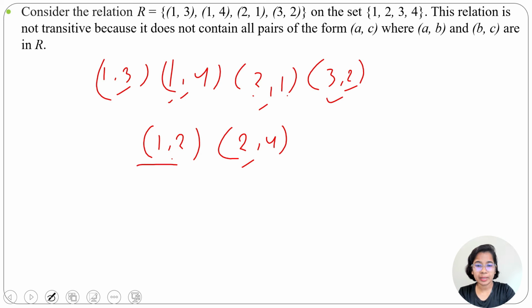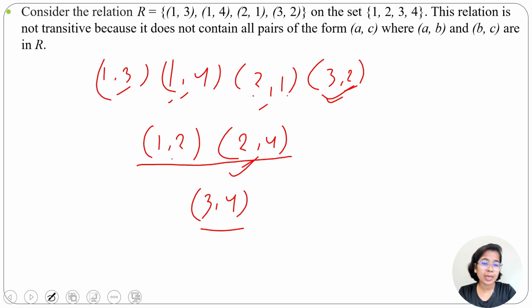Now after adding (1,2), (2,4) is transitive. Before there was (3,2), we added (2,4), right? (3,2), (2,4) means we need to add (3,4). We need to add one more ordered pair, that is (3,4). After adding (3,4), is it transitive? Yes, now it is transitive.